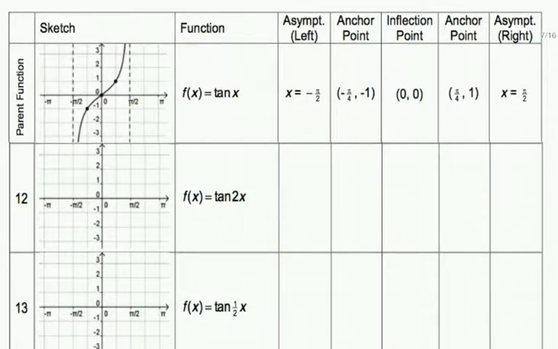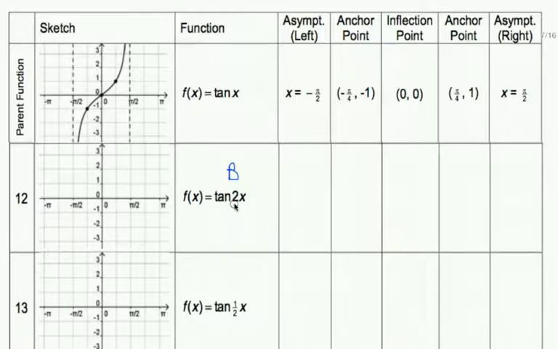Moving on. So for number 12 and number 13, I'm only going to do one of these with you. You're going to have to do the other one on your own. Okay? So let's do number 12 together and you'll do 13 on your own. Now this time, this is our b value. And we know that b stretches or compresses horizontally.